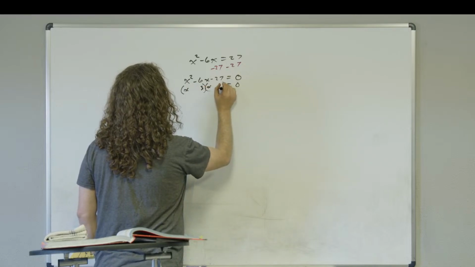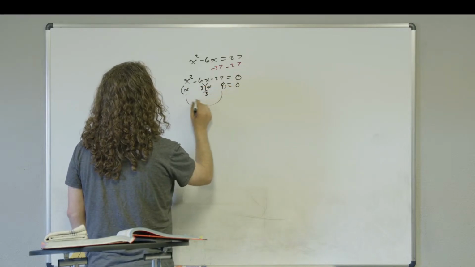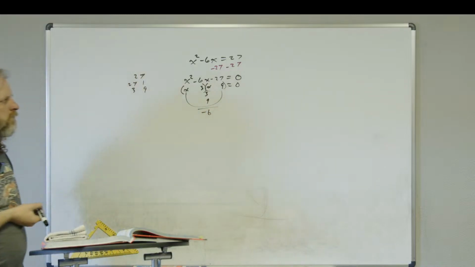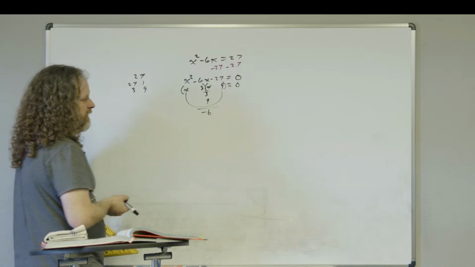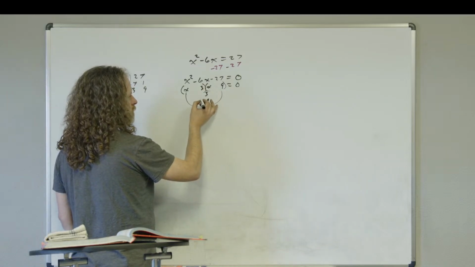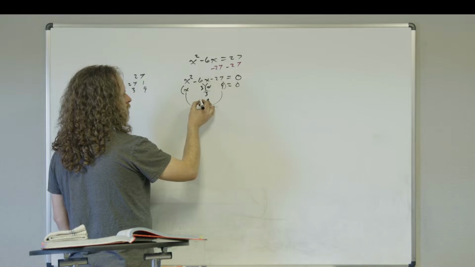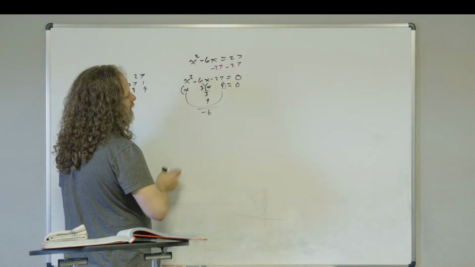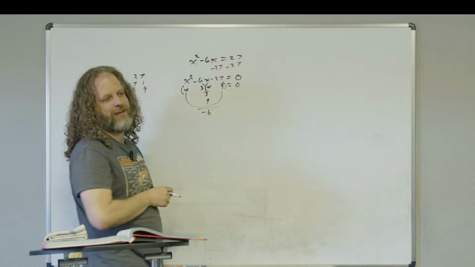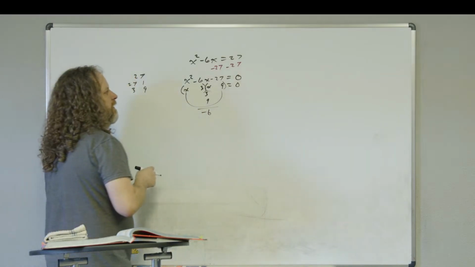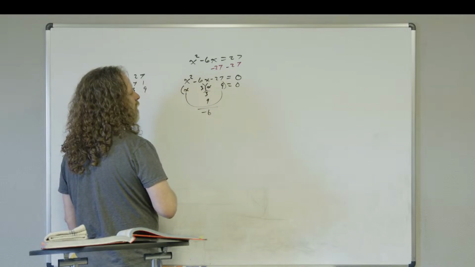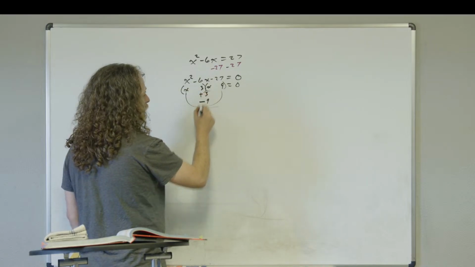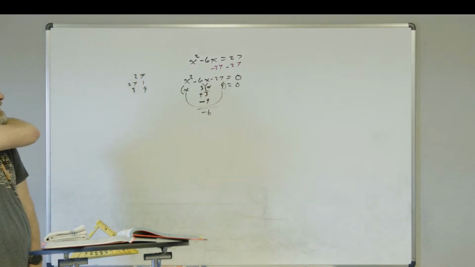3 and 9. 3 and 1 times 9 is 9. We're trying to get a -6. Can we do it? Yes. What do the signs need to be? 3 plus 9 is 12. And 9 minus 3 is positive 6. -9 plus 3 is -6.